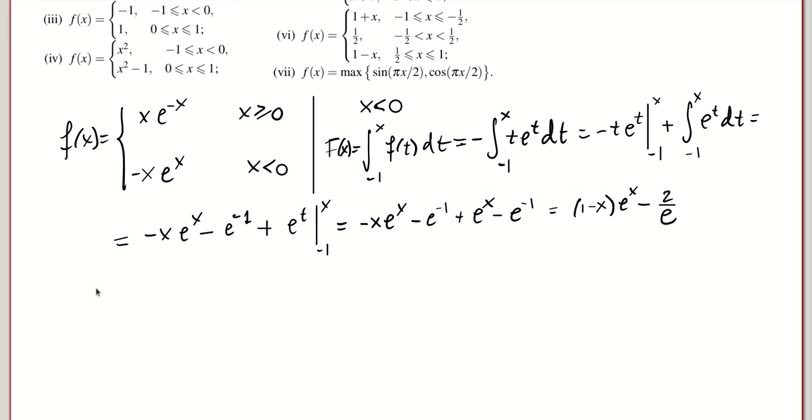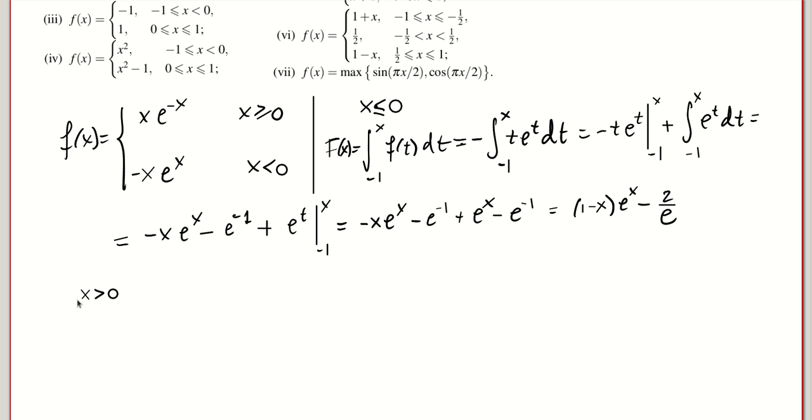Now, what happens if x is larger than 0? Well, larger than or equal to 0. Actually, since the function is continuous, we can say that this is valid even for 0. So what happens if x is larger than 0?